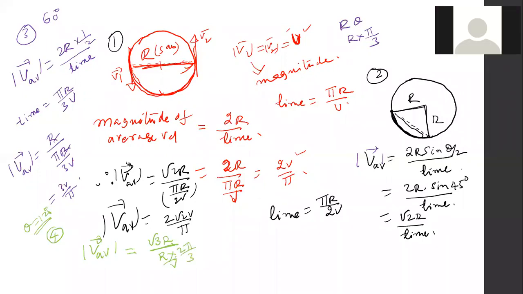So what am I getting? 3 root 3 v by 2 pi. You should be able to write these known, popular things very quickly without wasting time.